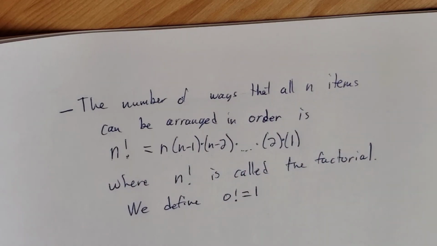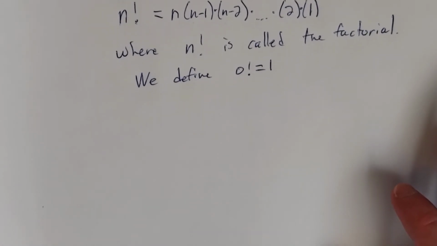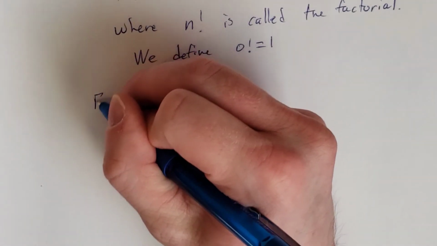One example you might see is, suppose we have 8 runners in a race. What is the number of ways that these 8 runners could be ordered in that race? The answer would be 8 factorial. Let's look at another example, and that'll be the one that I actually write down here.